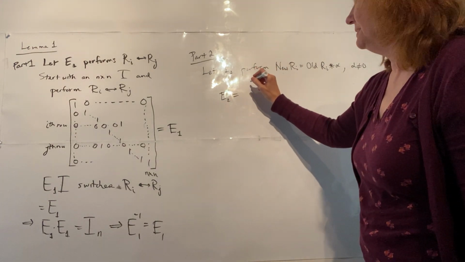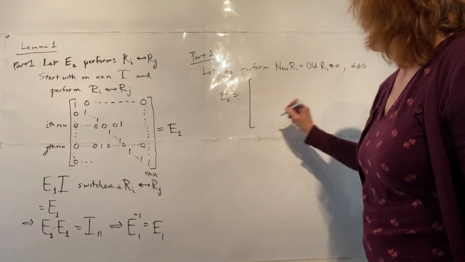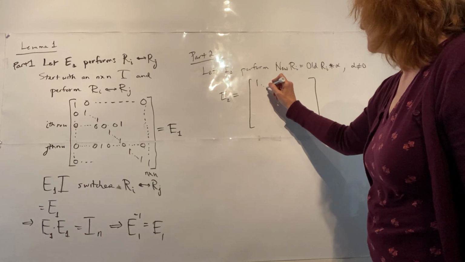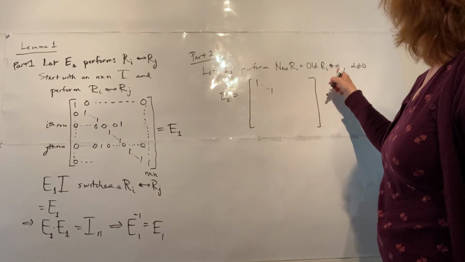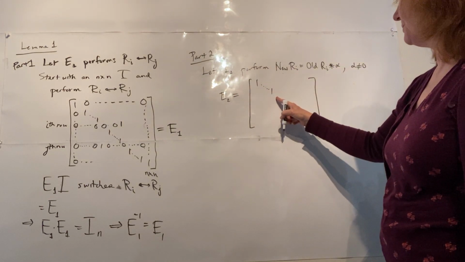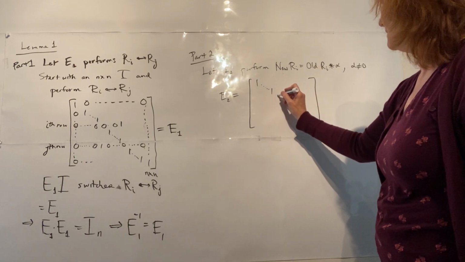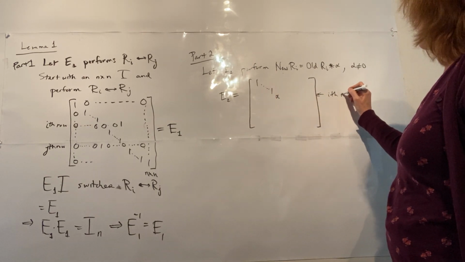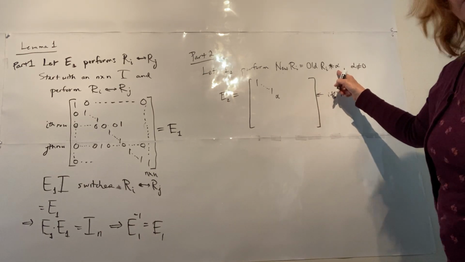So E2 looks just like an identity matrix. We have a bunch of ones. And then all of a sudden, on that ith place, we're going to see an alpha appear because we multiplied the ith row by alpha non-zero.